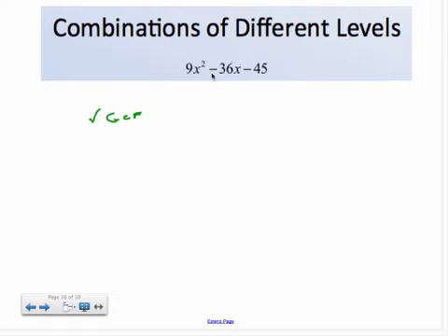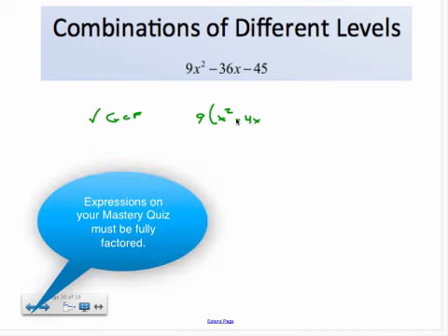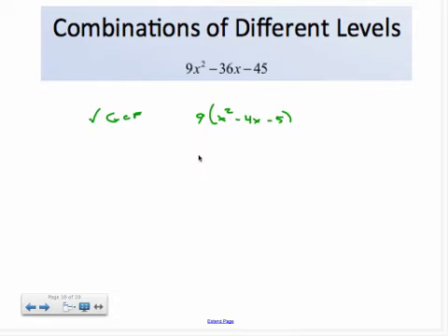This is a trinomial, and I'll tell you right now, it does factor, but it's going to be tough to figure out what it factors as if you don't do GCF first. So I noticed that 9 is a common factor that can be pulled out, and you're left with x squared minus 4x minus 5. And now I'm in a much easier trinomial to work with. So I do the easiest level first, and then work my way up. X minus 5 times x plus 1.